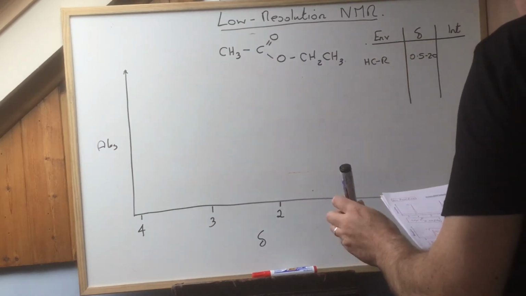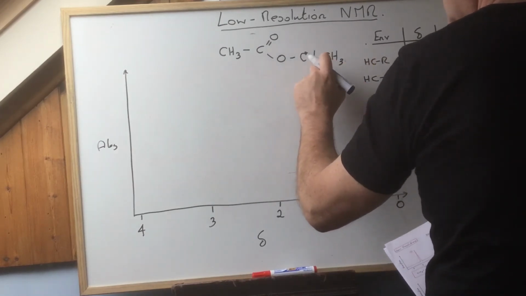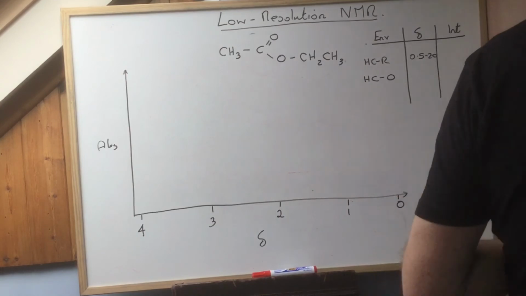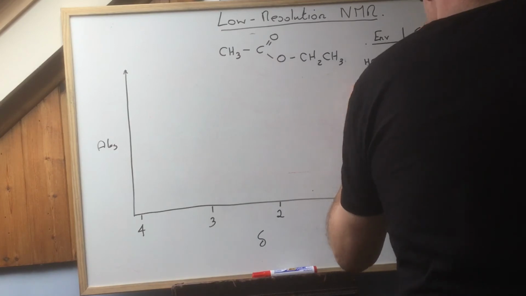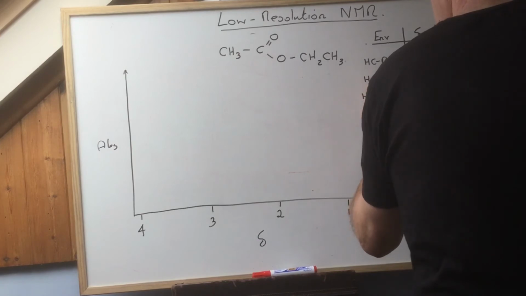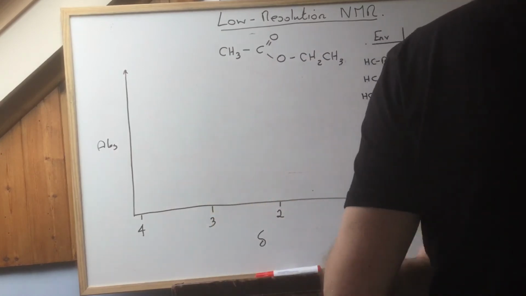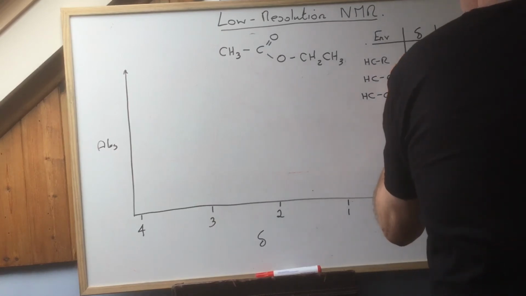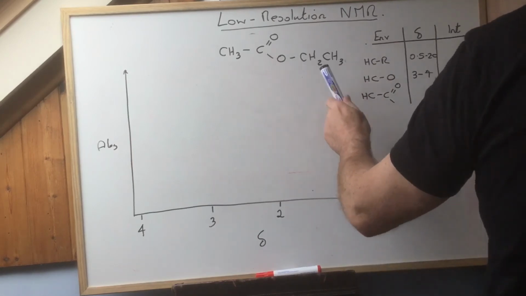This here, HC single bond O, HC single bond O. Over here, HC, C double bond O. All right, now let me explain what's going on here. 3 to 4.